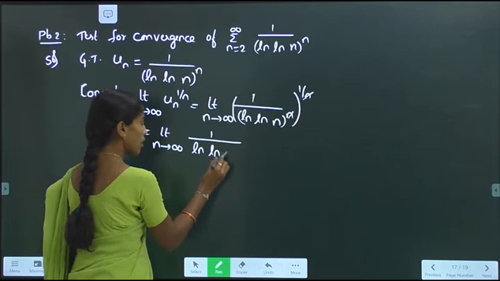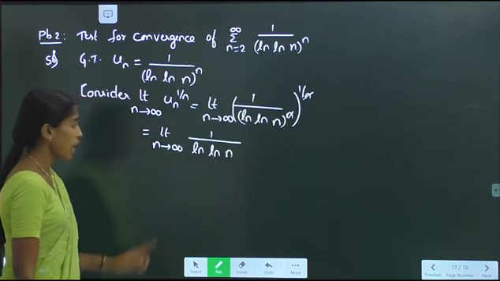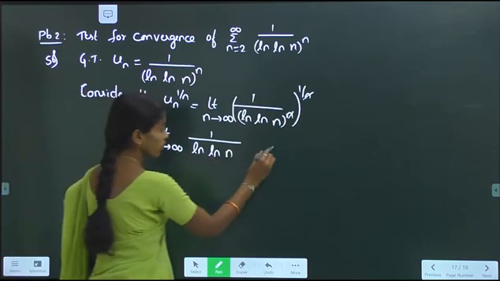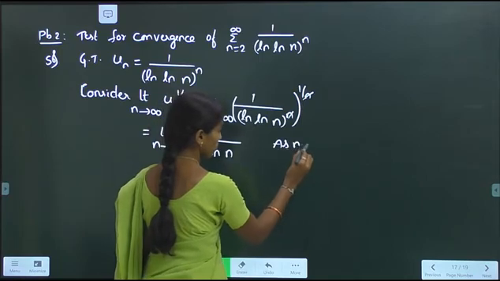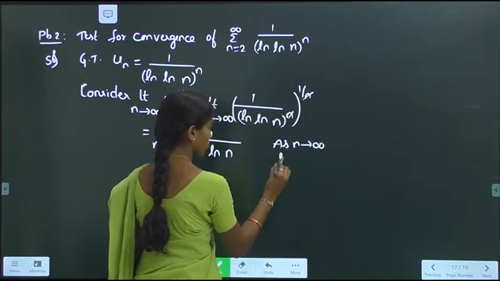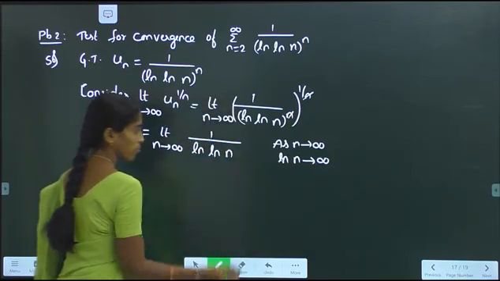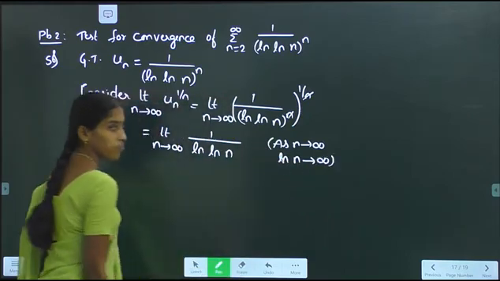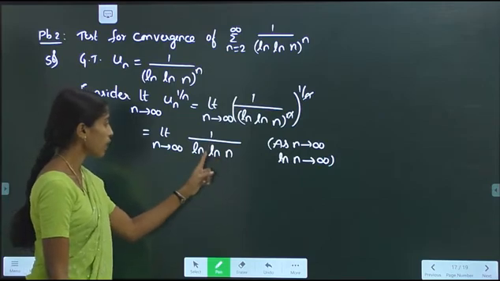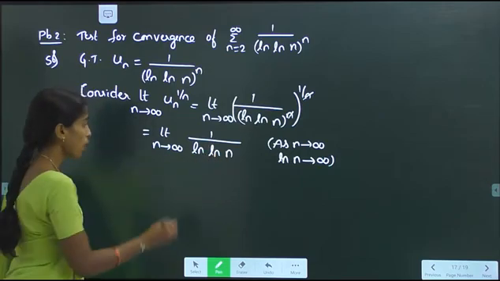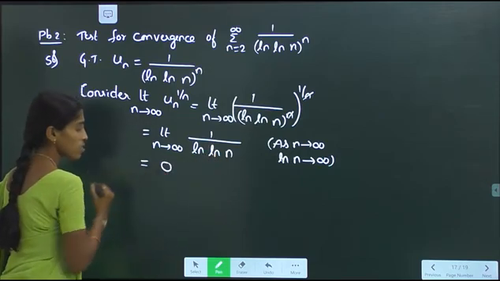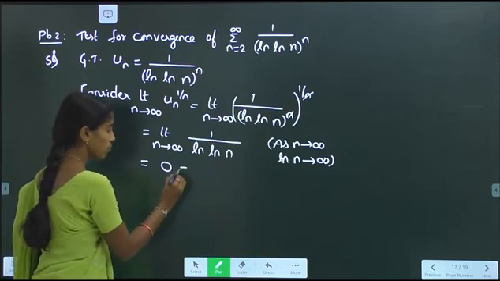We get 1 by ln of n. As n tends to infinity, ln of n also tends to infinity. ln of infinity is again infinity. So 1 by infinity becomes 0. It is the limit value.